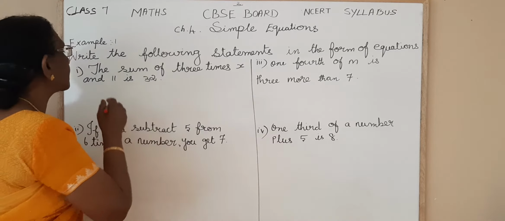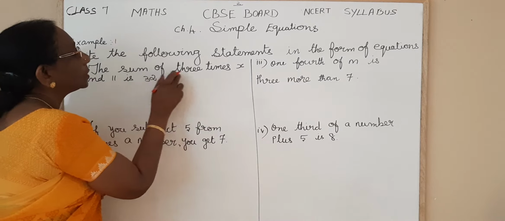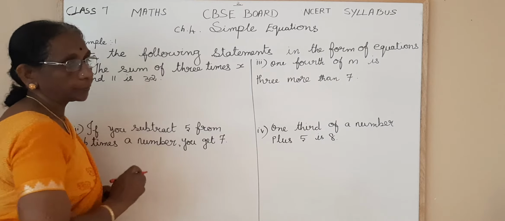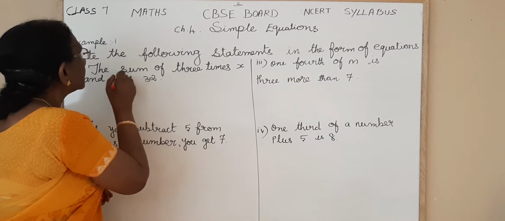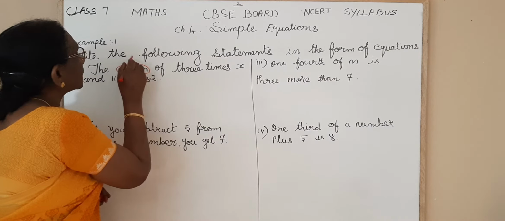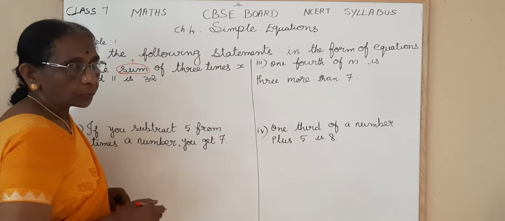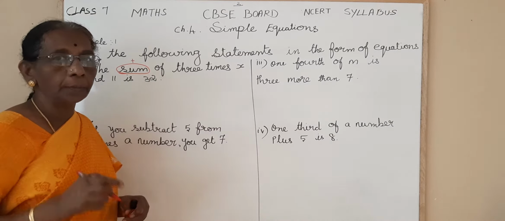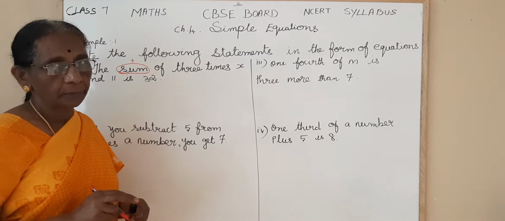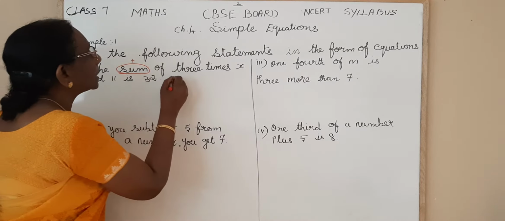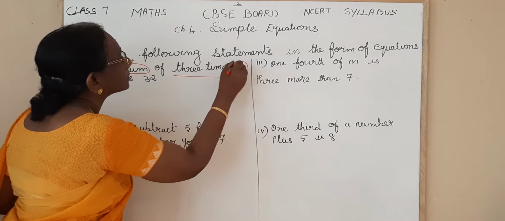What is the question? The sum of 3 times x and 11 is 32. Sum means what operation, children? Yeah, addition operation, plus. So when you are applying addition operation, you need minimum 2 numbers. And here what are the 2 numbers? One number is 3 times x.